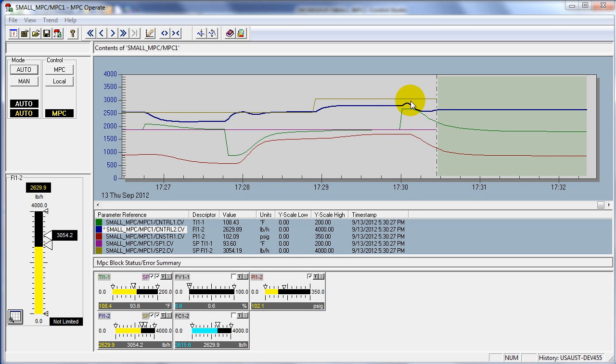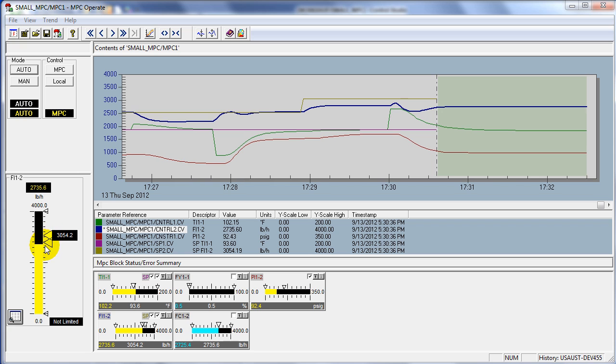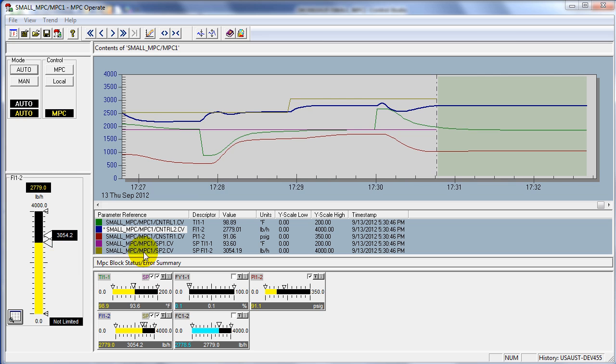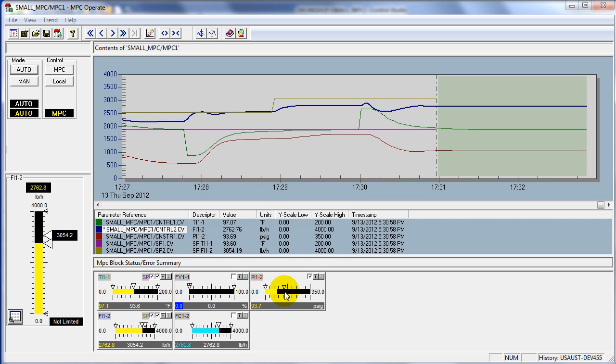And we are reducing throughput to get to the point where we can maintain our temperature set point given the constraint on the cooling capacity. So this demonstrates that under a variety of operating conditions, we can use MPC to maximize throughput, safely maintaining the unit always within its operating constraints, and yet taking maximum advantage of the capability of the equipment.